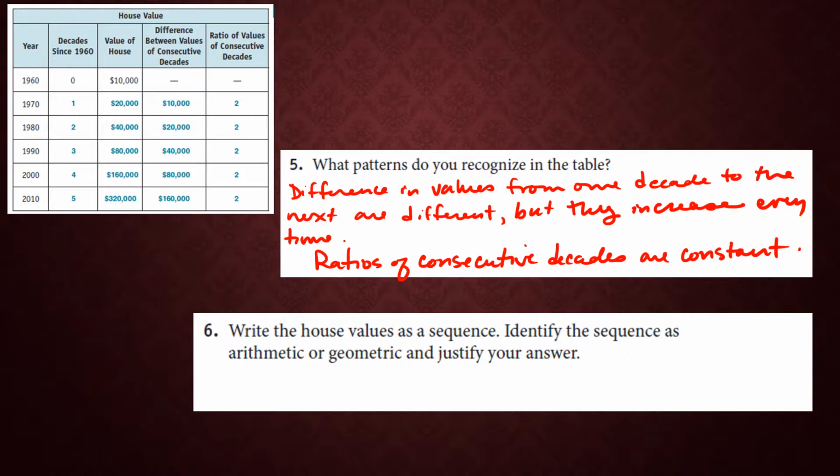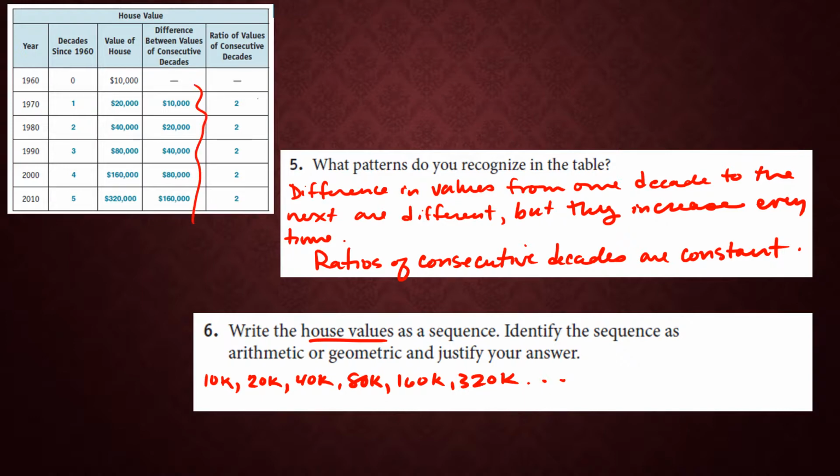Then they want us to write the house values as a sequence and identify the sequence as arithmetic or geometric. So the house values are 10,000. I'm just going to write 10K, 20K, 40K, 80K, 160K, 320K. You can write out thousands if you want. It's not changing by a constant rate, is it?